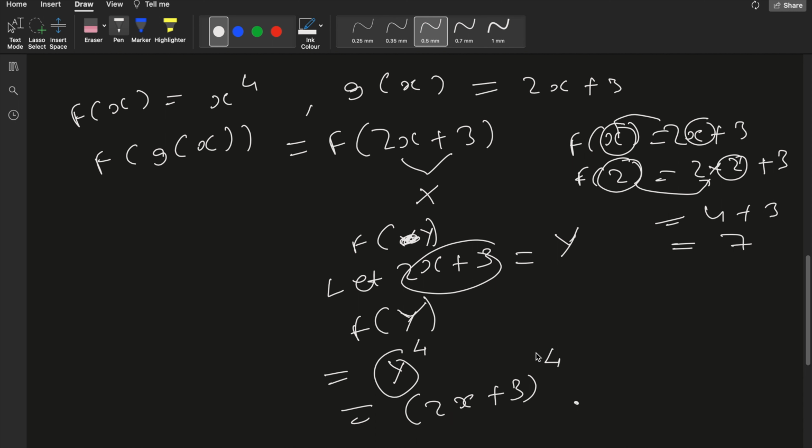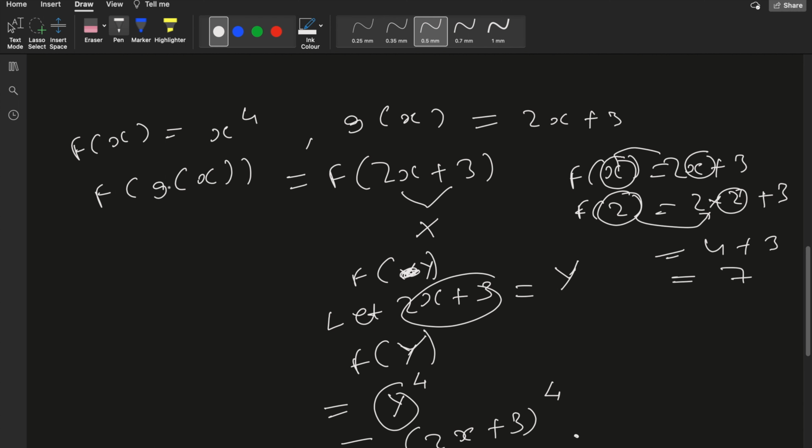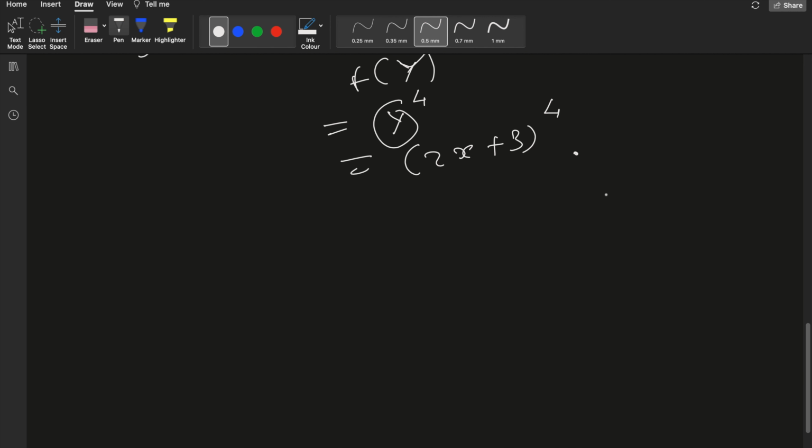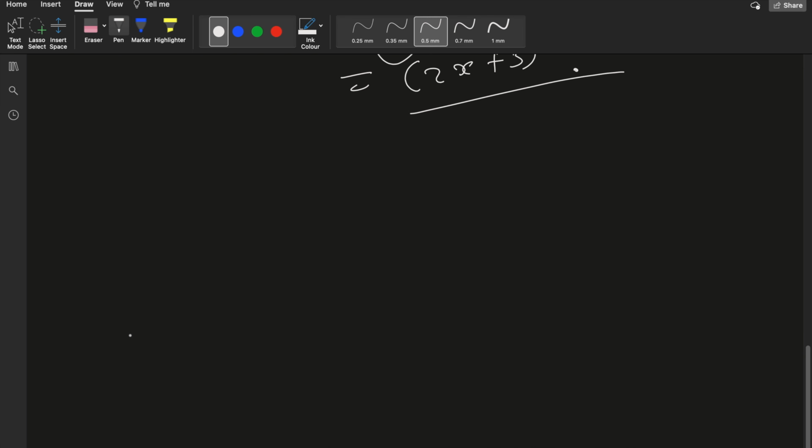So that's it. Okay, now f of g of x is not equal to g of f of x. So this is the answer for that. Now we'll find g of f of x. f of x was x to the power of 4 and g of x was 2x plus 3.